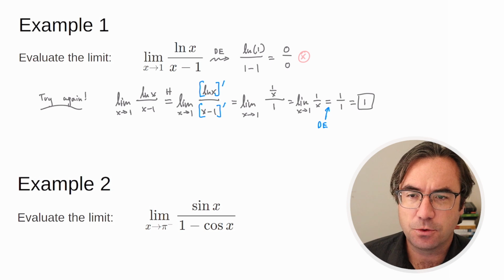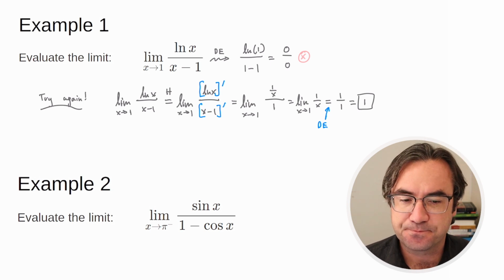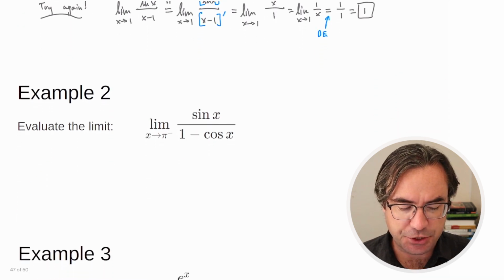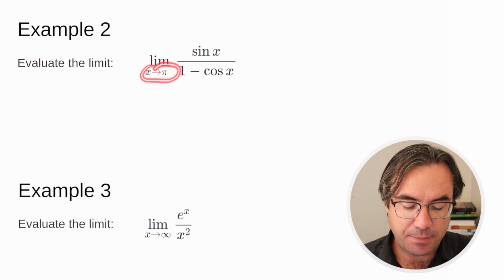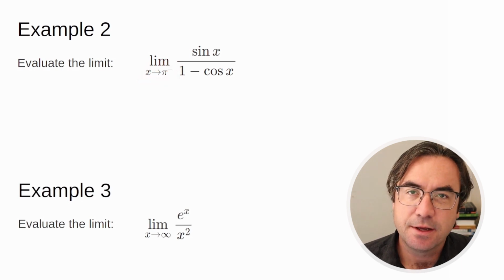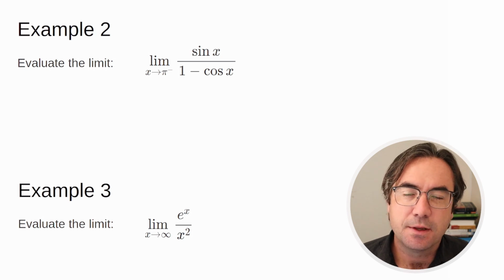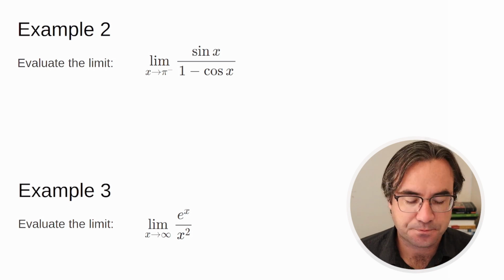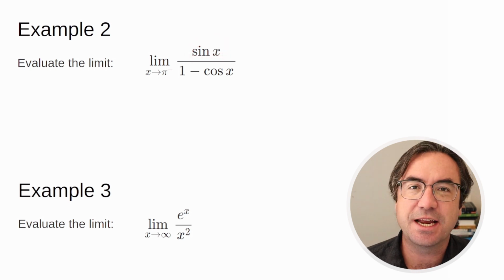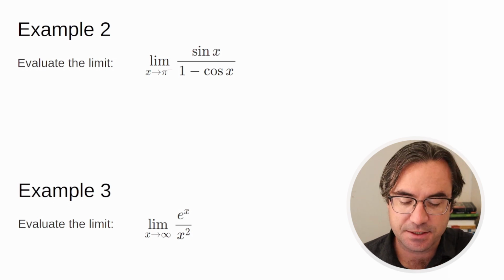All right, so let's try another one. Let's look at example 2. x is approaching pi from the left. So if we're going to use the rule here, it still applies for left-hand limits. The function in question is sine of x over 1 minus cosine x.